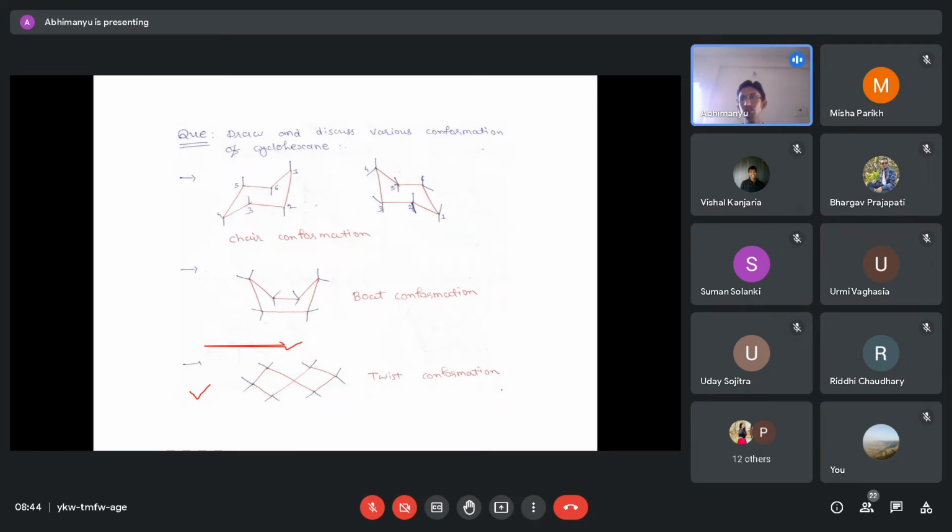But ઘણા બધા ડાઉટ થાય તો, sir, why didn't you teach about the twist conformation? Because it is only a stable molecule. There is no importance to discuss different conformations of the twist. એમાં એક જ possibility હતી. And one more thing, it is unlikely to form twist conformation during the transitions.